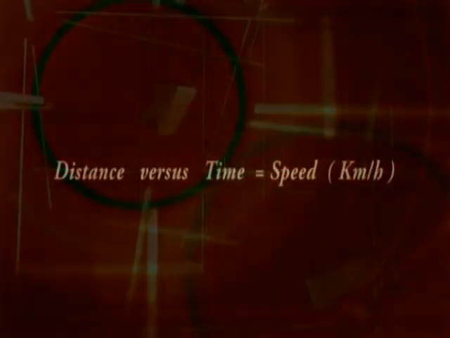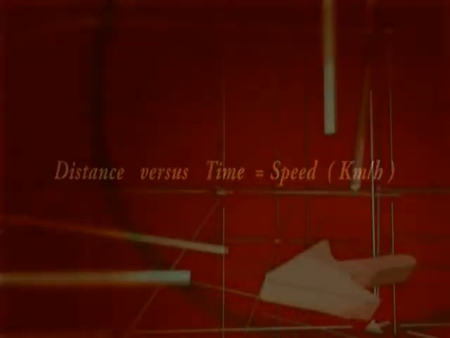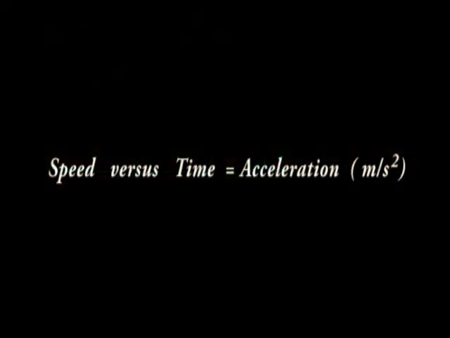The rate of change of distance with time is called speed, or velocity if the travel is in a straight line. The rate of change of speed with time is called acceleration.